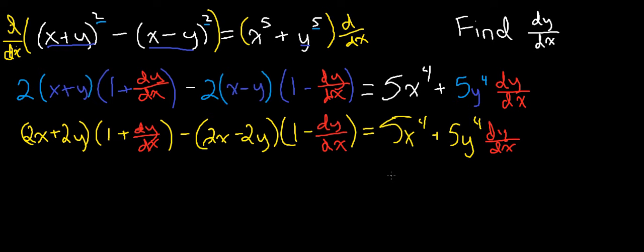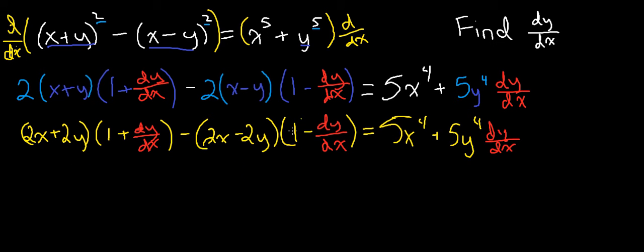What would happen if we were to factor out that dy dx? Well, first we have to get all the dy dx's on one side of the equation, and I'm noticing we're probably going to want to simplify this a bit more. So I'm going to notice that we can do a bit more distribution.